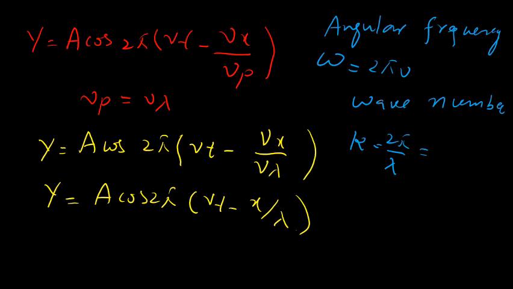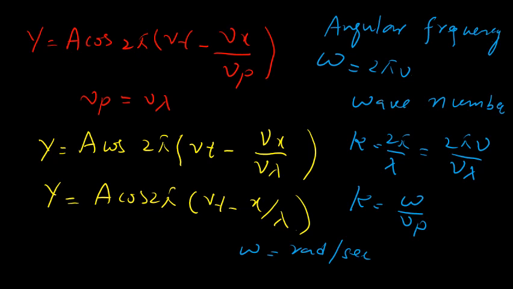When we multiply and divide by mu, 2 pi mu over mu lambda, k equals omega over vp. The unit of omega is radian per second, and k, the wave vector or wave number, has the unit of radian per meter.